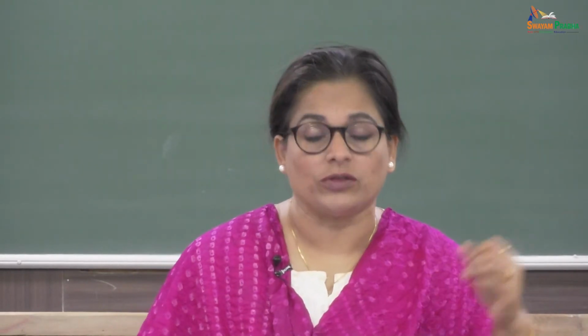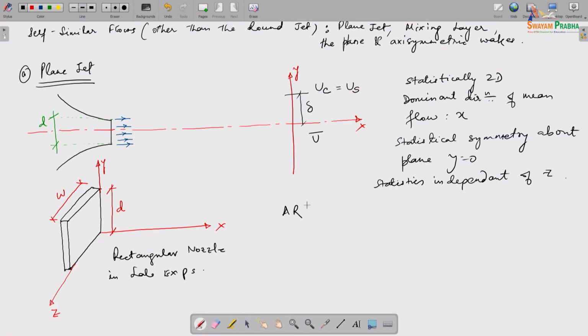Okay, so in an experimental setup in a lab, this is what it looks like, right? And so what we have to make sure is that we have a plane jet, and it satisfies these geometric parameters, that the aspect ratio W by D is about 50, or the width is at least 50 times the height.